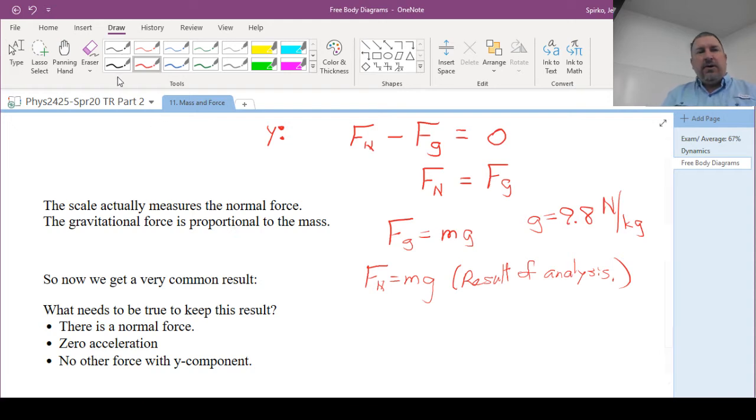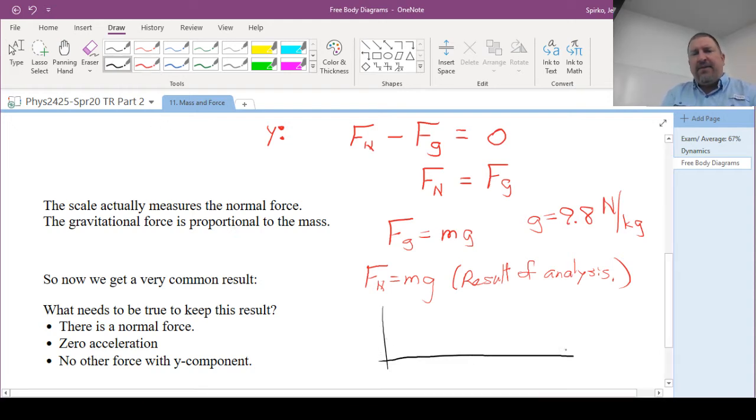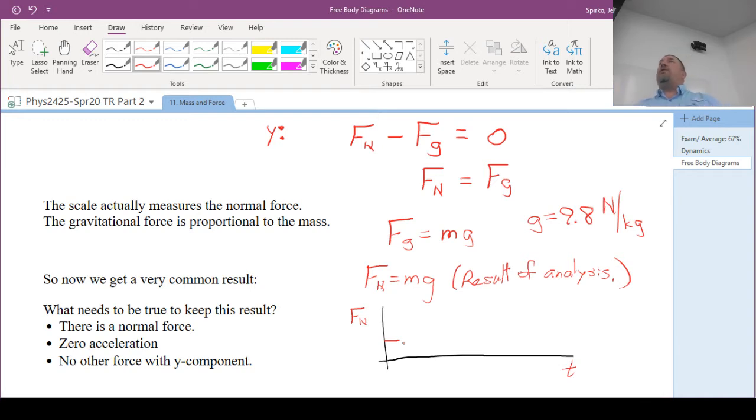And if you go up in an elevator, you can produce a graph that looks kind of like this. F sub n versus t. At first, it's constant. So that little mass requires some force to hold it in place. When you first start out in the elevator, you need some extra up force, which means some extra normal force.